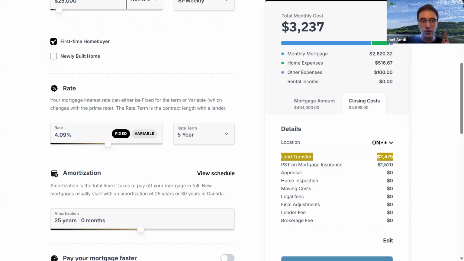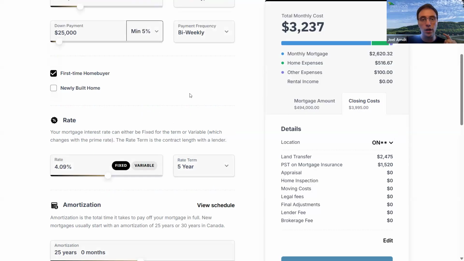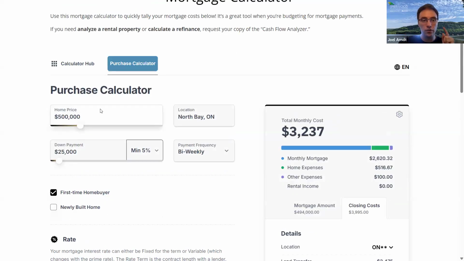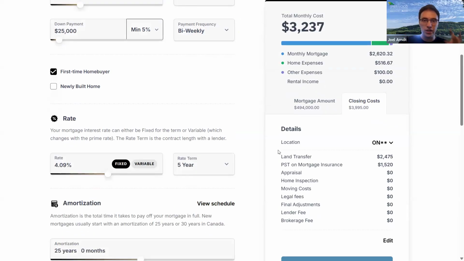Let's unclick first-time home buyer and see what happens to that land transfer tax figure. Okay, see, it increased by $4,000. And again, this land transfer tax depends on the amount of the purchase price. It's a percentage of the purchase price.